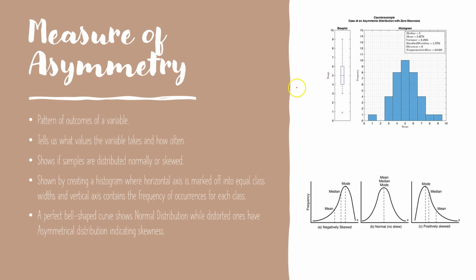The third thing that we can look at is measurement of asymmetry. This again is similar to the deviation in the sense that it starts to look at how variable the data is. And it's going to look at a pattern of outcome for that particular variable. It's going to tell us what values the variable takes and how often.